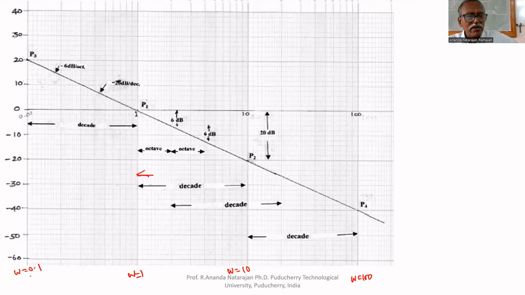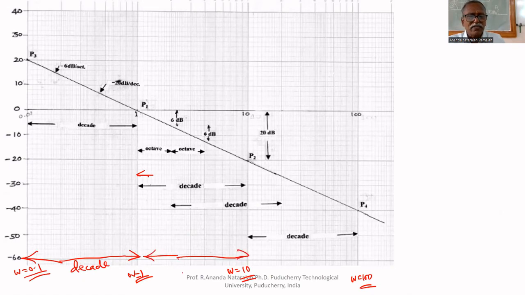What is the distance between these two? The distance between 0.1 and 1 is 1 decade. Omega equal to 1 and omega equal to 10, the distance is called 1 decade.